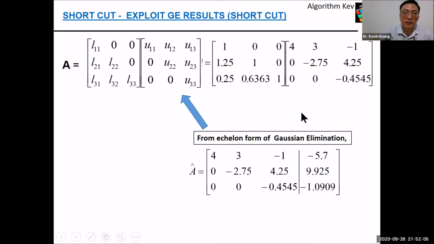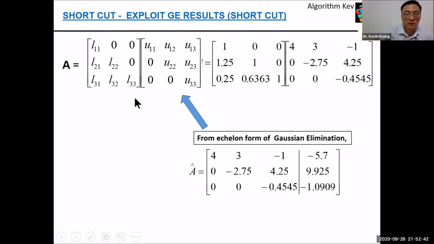However, if you look at the result of Gaussian elimination of the matrix A, you would recognize that the echelon form of this same system of linear equations looks like this, isn't it? Now, if you compare this to the U matrix, you can see that they are identical. So you can say that the product of the Gaussian elimination, the echelon form, can be used as the U matrix. They are the same, okay?